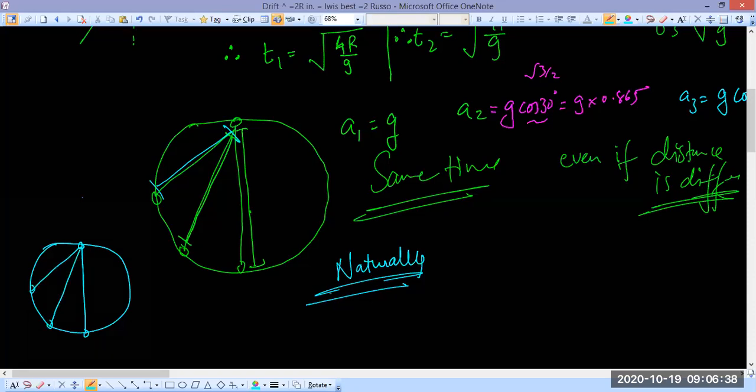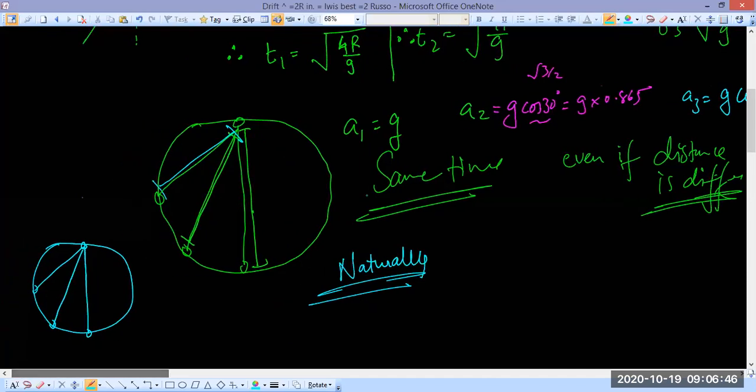But this is such a nice situation that it's hard to believe. Many of you must have thought, how is this? I hope this is clear to you that physics often throws surprises.